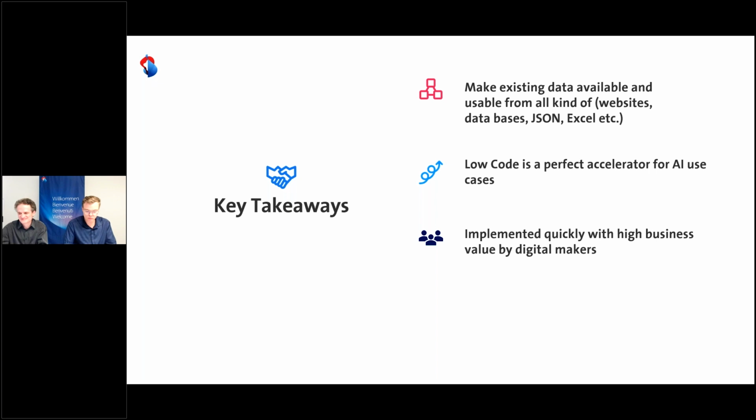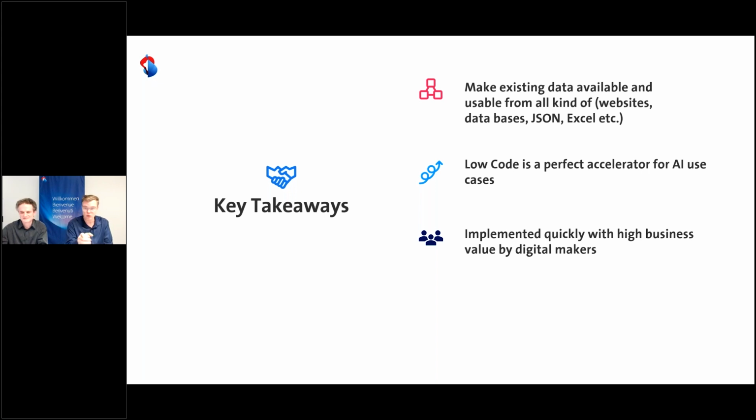So we now saw two big topics. One was the Power Virtual Agent, and one was the Azure Web AI bot, which could answer questions according to data and according to websites. And the key takeaway, which makes this technology even more exciting, is that you make existing data available and usable from any kind of data. It could be your website or your partners' websites. It could be different databases.